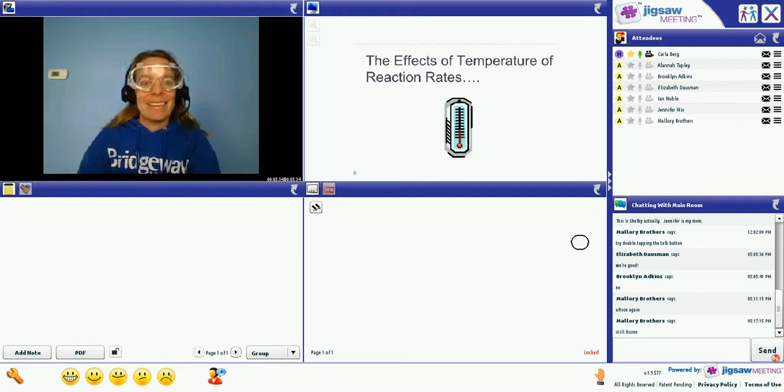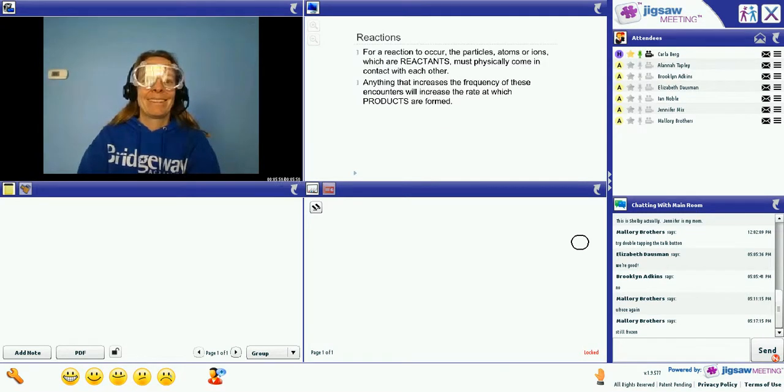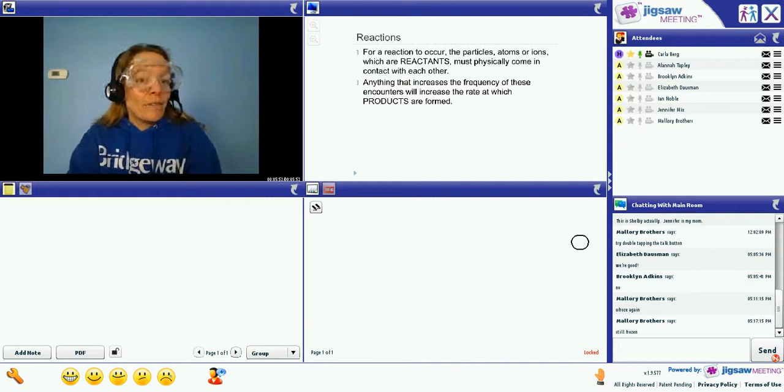And we are going to go ahead and get started. Up on your PowerPoint screen, the name of this activity is the effects of temperature on reaction rates. A little bit of background information, which I like to give everyone when we are starting a class: in order for a reaction to occur, there are particles, atoms, and ions that are reactants.